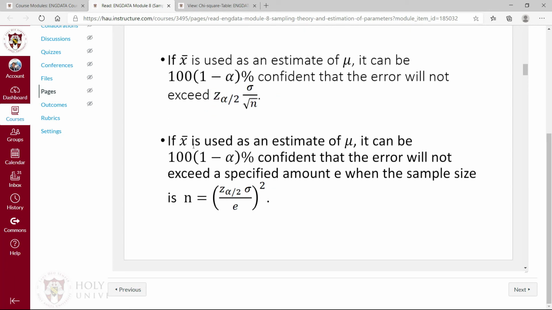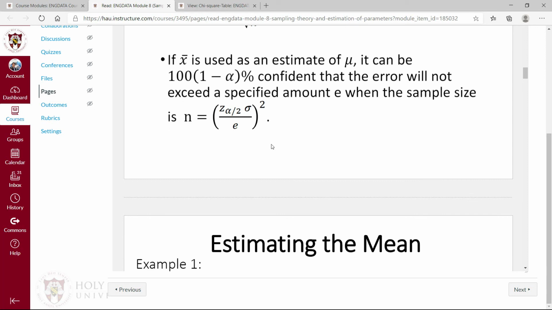And if x bar is used as an estimate of the mean, we can be 100 times 1 minus alpha percent confident that the error will not exceed the specified amount e, when the sample size n is equal to the alpha level z-score times the standard deviation over the error, squared.